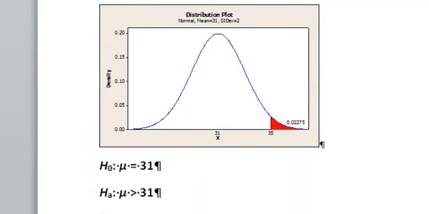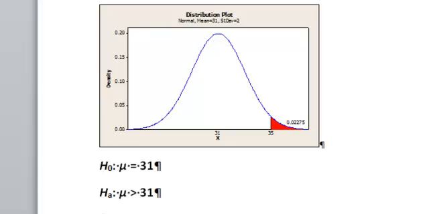Now look at the second case. Let's say that I took a sample and got a sample mean of 35. Now look at that. That's kind of far out in the right tail. This might be pretty strong evidence that the null hypothesis distribution is not correct, that it's shifted over to the right, because it is unusual that we should have gotten a mean that large.